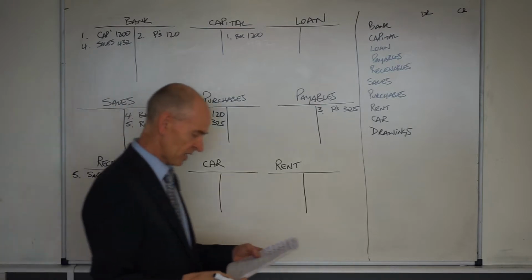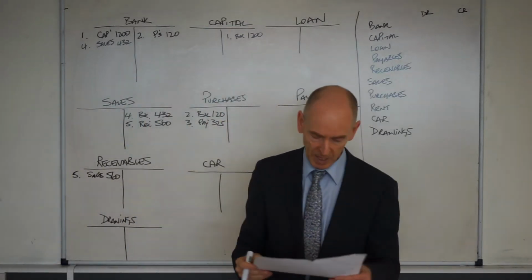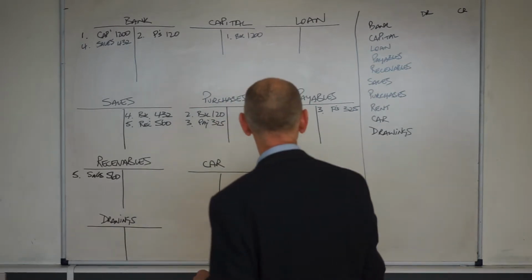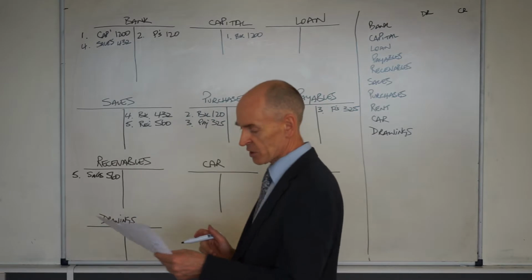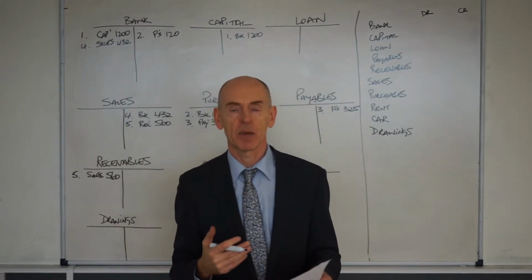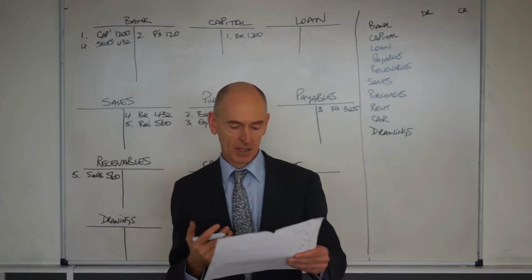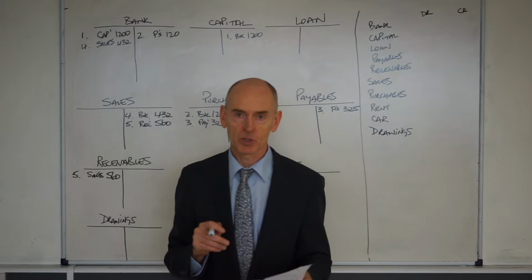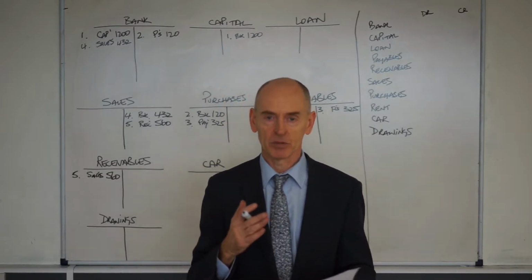Transaction number 5 done. Transaction number 6, we're going to pay a credit supplier £150. So if we pay a credit supplier £150, we're going to reduce the asset of bank, hence a credit on bank, and we're going to reduce the liability of payables. So we're going to debit payables.